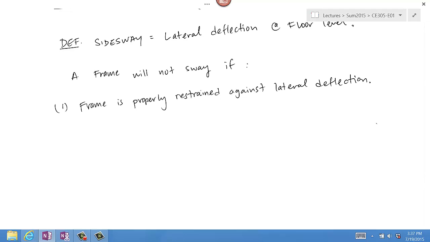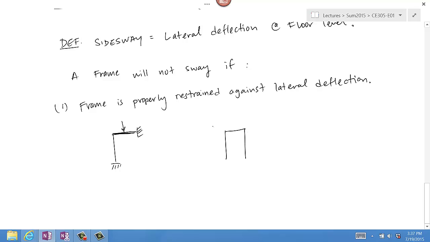So for example, if we took a frame like this and it was fixed at the base and it had a vertical load applied there, this would cause a lateral movement of the beam. However, if we were to put a support that prevents the lateral translation of that beam, then this case would be a case of a non-sway frame. So the beam cannot translate left to right.